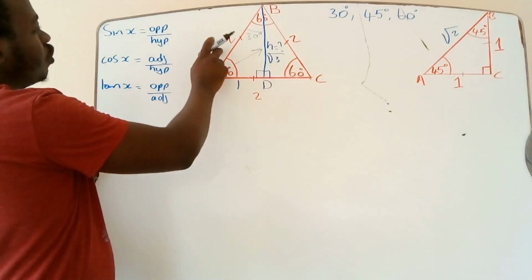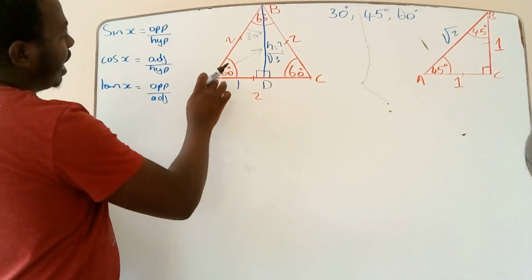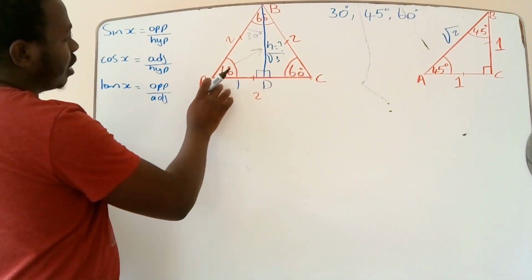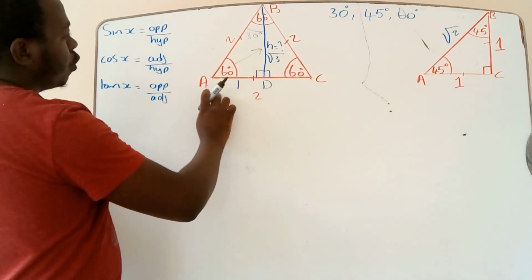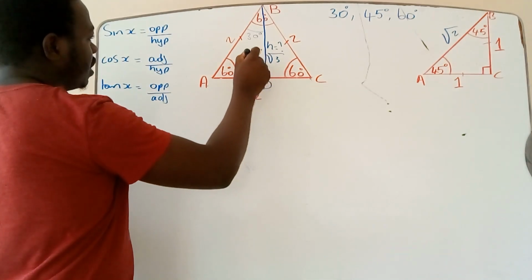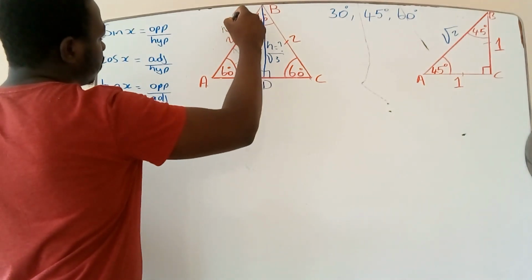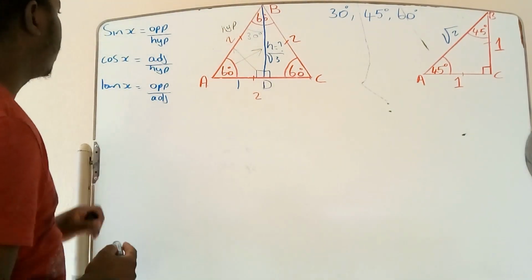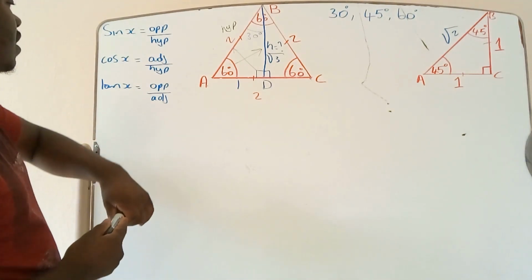We know that the hypotenuse is this value, which is 2, right? And we know that adjacent to this 60 degree angle here would be our length here, which is 1. So if we draw a line from this 90 degrees box going here, we know that this is our hypotenuse. Clear?